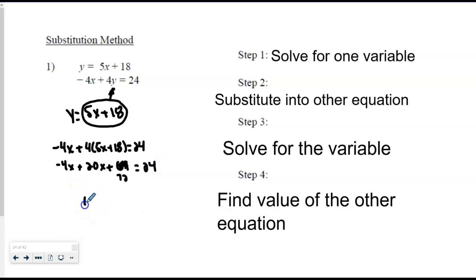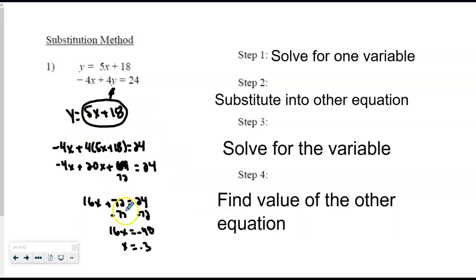Combine like terms, so we got 16x plus 72 equals 24. We'll subtract 72. So we end up with 16x equaling negative 48. And x is going to be negative 3. Alright, so we know x is negative 3.